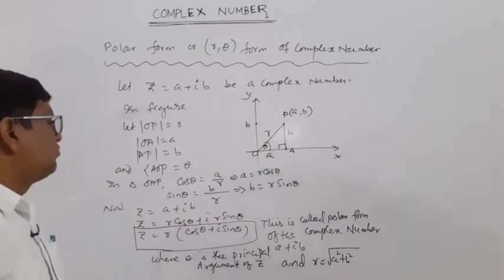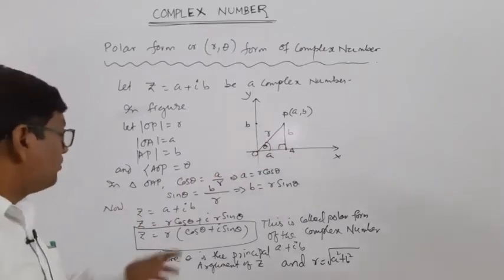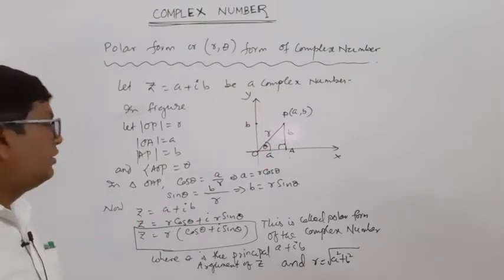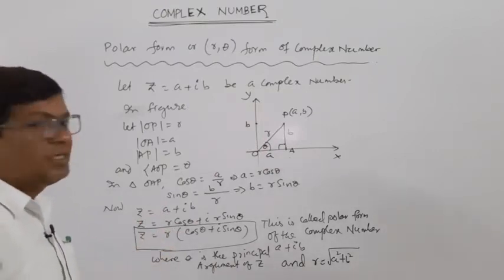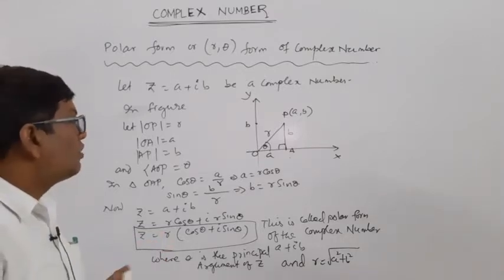Now this is the polar form of the complex number. Okay, so theta is principal argument, it differs from quadrant to quadrant.